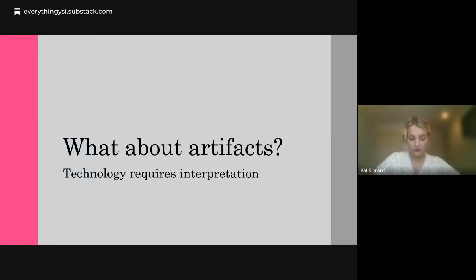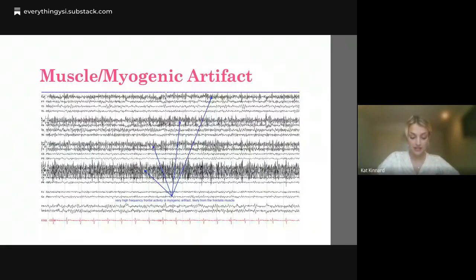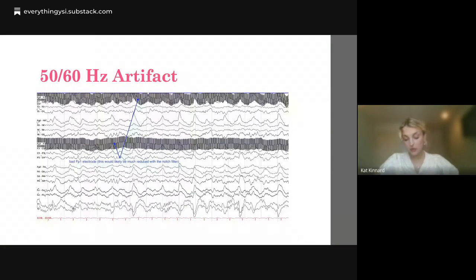In other words, before we diagnose, we have to make sure we're actually looking at the brain. So here is an example of muscle artifact. Remember that muscles also generate electrical activity. Since brain waves don't have such high voltage electrical activity, you're also picking up other electrical activity coming from elsewhere.